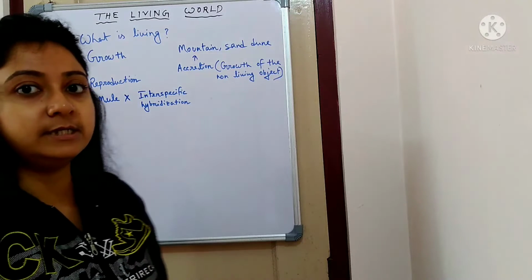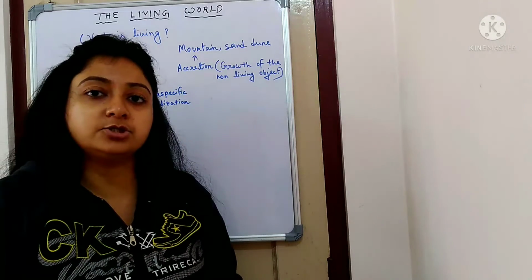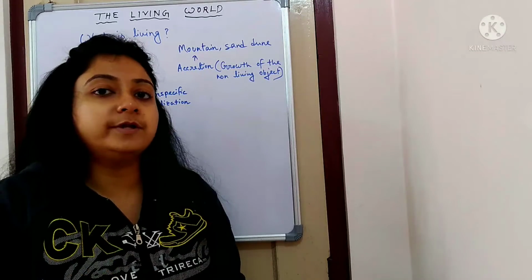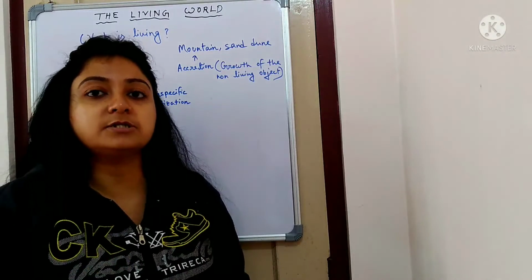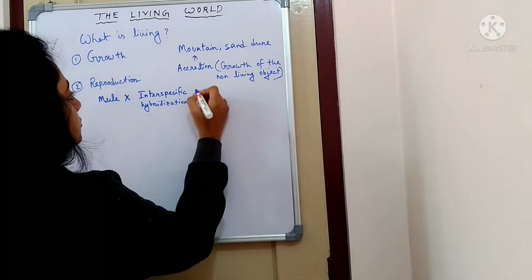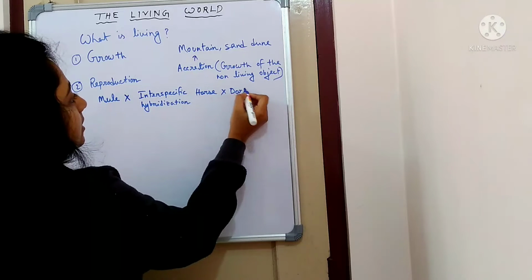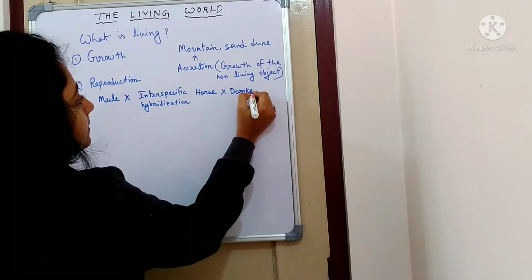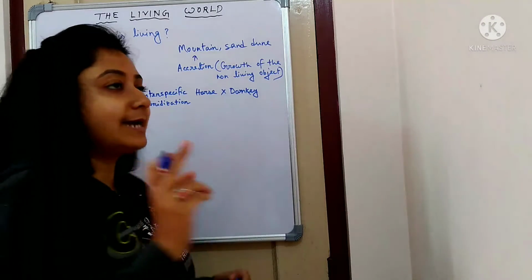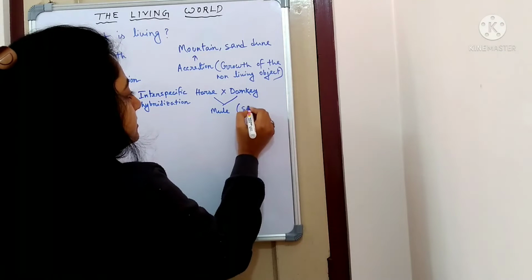Interspecific hybridization means when hybridization or crossing occurs between two different species, the mule is produced. So what are the two species? One is the donkey and the other is the horse. These two are completely different species. Crossing between donkey and horse gives rise to the mule, and that is why it is sterile.